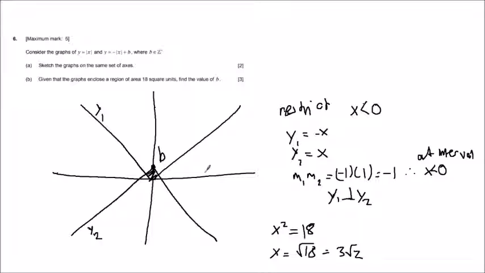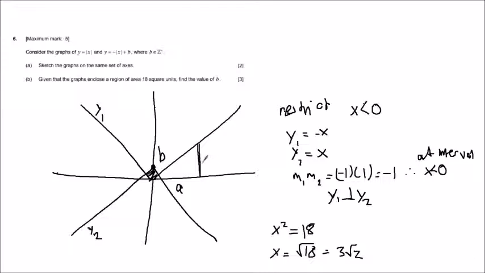So how are we going to get 3 square root 2? Well, it's actually not that hard, because this is a square, and since this is y equals x, it goes up at a 45-degree angle. So we could just drop a height down.